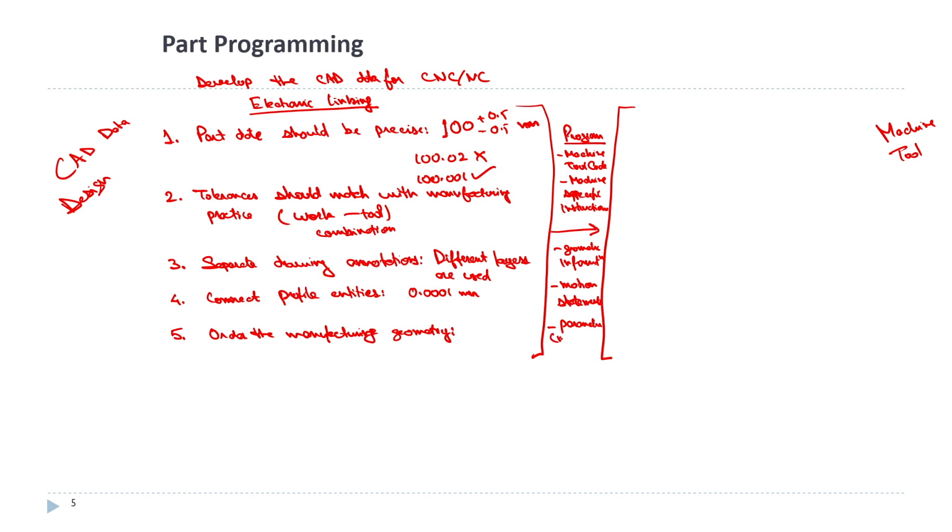When I say parameters, these are machining parameters. Now, the machine tool code and machine specific instructions would definitely depend upon the kind of machine tools that we have. Here we need to have a good description of the machine tools.